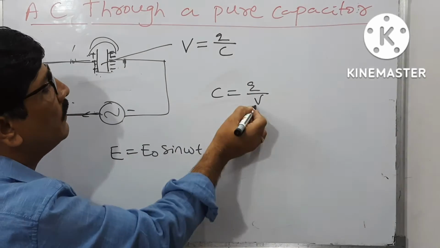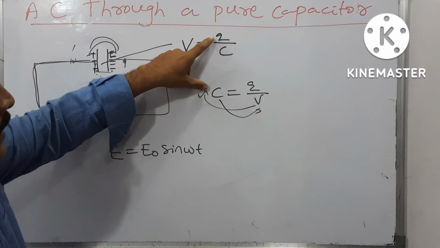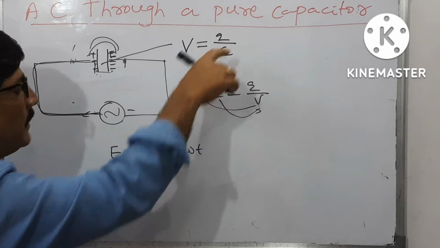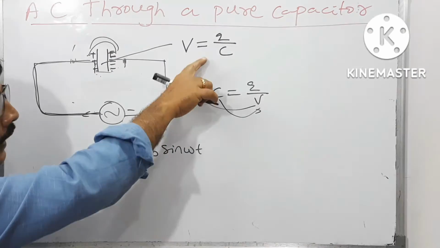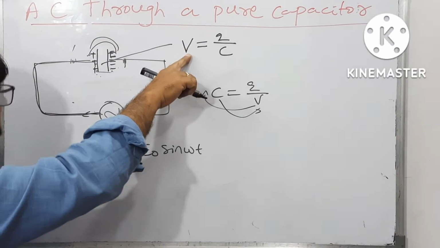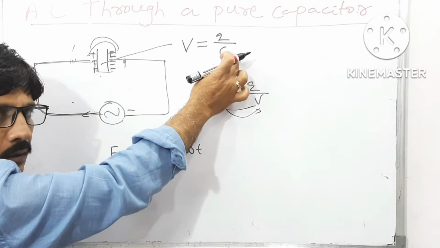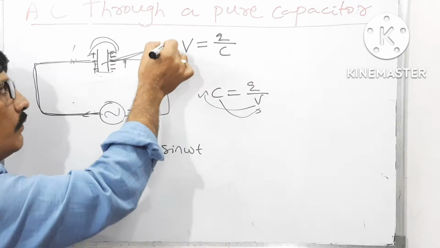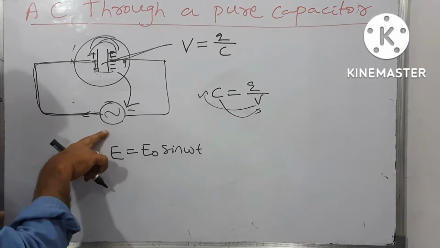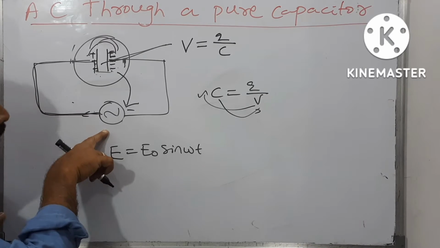Just I am writing this, V I am bringing here, C I am bringing here. So the potential difference across any capacitor is Q by C. Now at any particular instant of time, the potential difference across the capacitor is equal to the instantaneous EMF of this particular circuit.